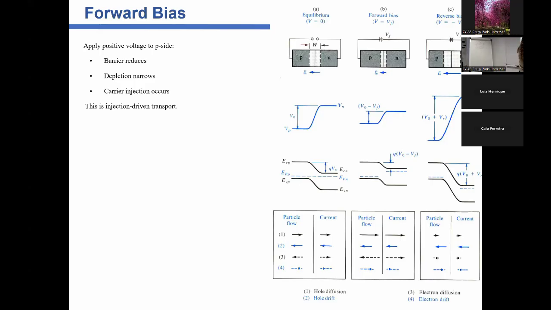So in terms of charge distribution, what happens here? Here we have the Fermi energy level. If we are inducing more electrons, the Fermi level will go up.